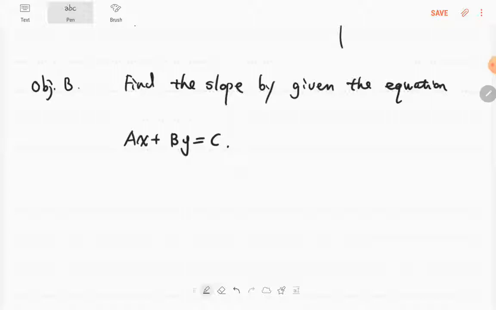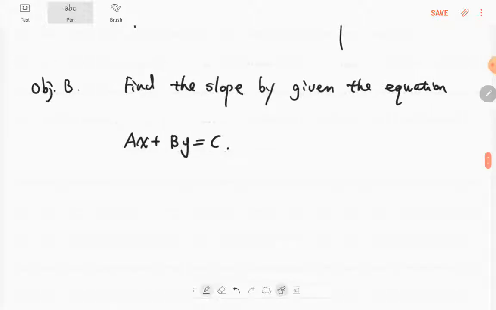We call it the slope-intercept form. We can change the straight line equation to this kind of form. We put y on the left side, then y equals mx plus b.